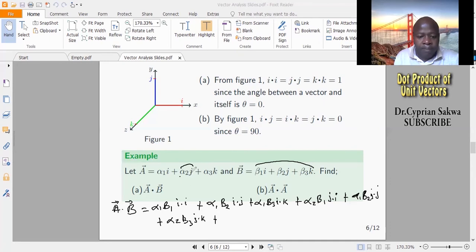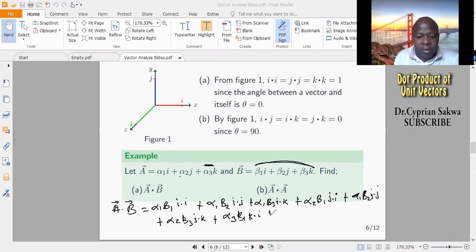Okay, now we come to the last one. So this and the entire this will be alpha 3 beta 1 k dot i.